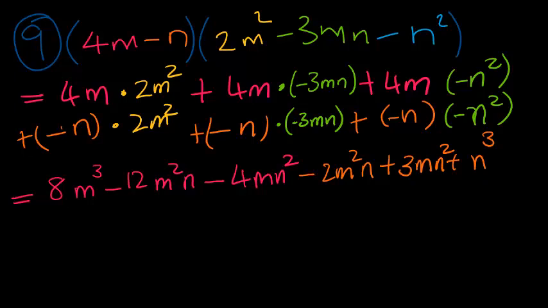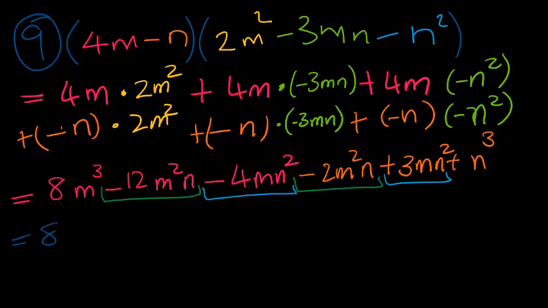Now I'm going to look for like terms. So I've got 12m squared n and 2m squared n, and then I've got that one and that one. They are like terms.